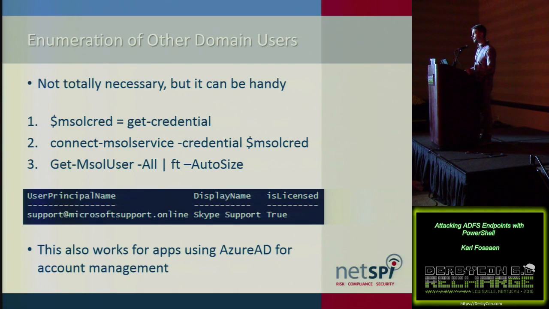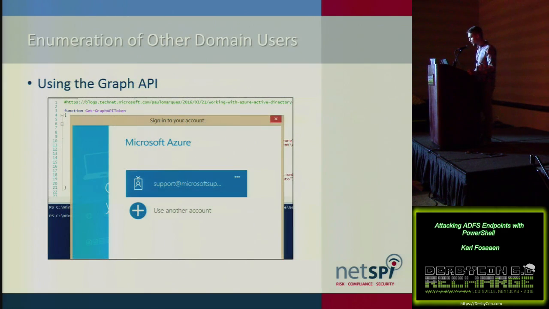I've done a couple of web apps now that use Azure Active Directory for their authentication. I just use the credentials that the client has given me to connect to the MSOL service and list out all of the other users for that application, which can be really handy. I mean, if you get a web app and you're able to guess the administrator's password, that's a nice little bypass there.